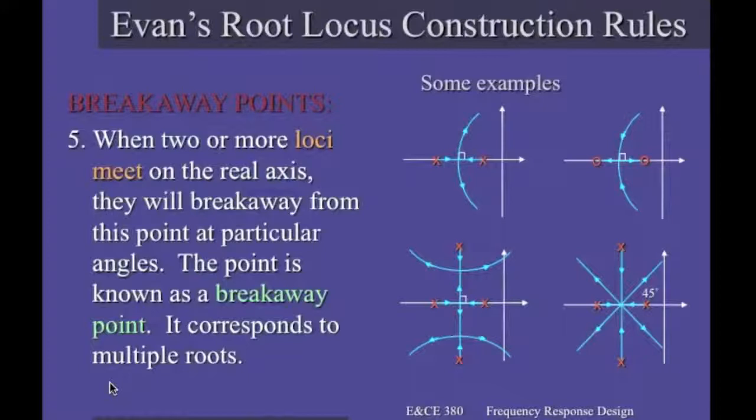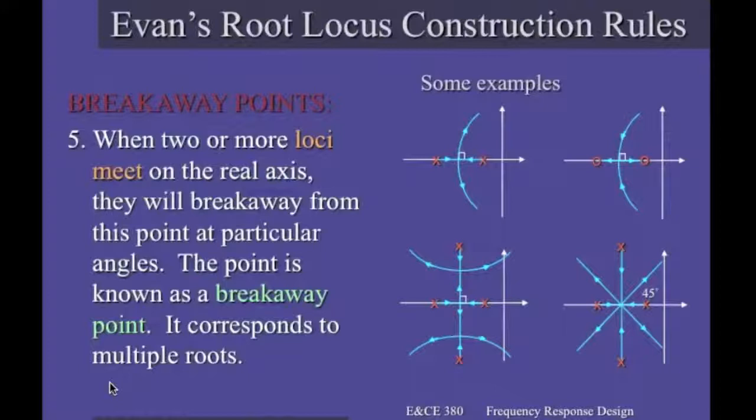The two trajectories which started from open loop poles have to terminate on top of open loop zeros. So they have to terminate on top of the two circles that we see here, representing open loop zeros.